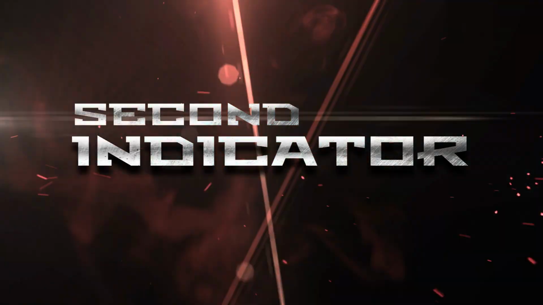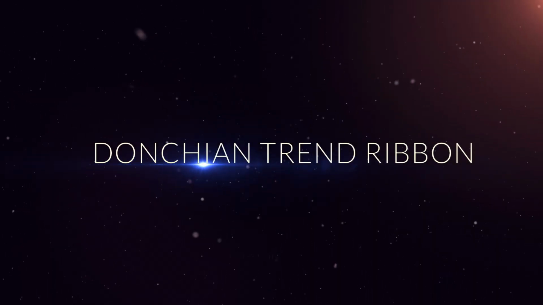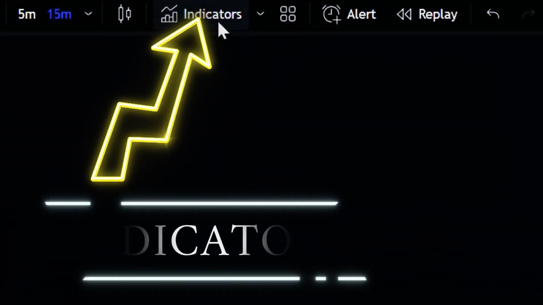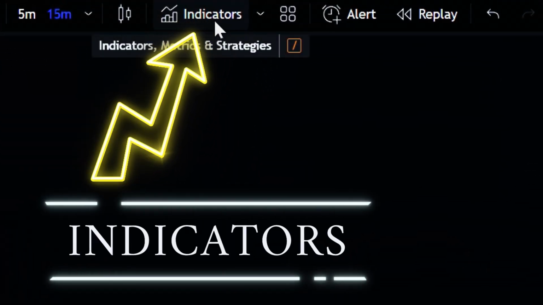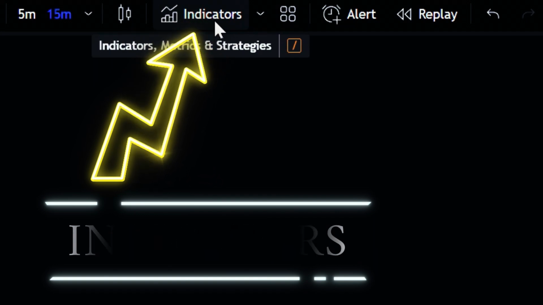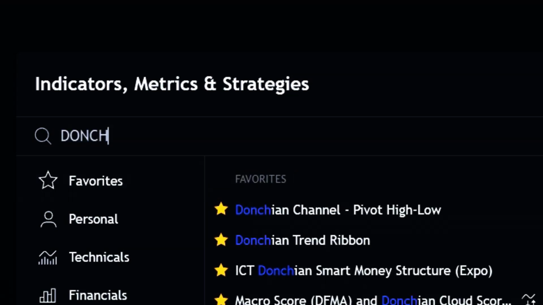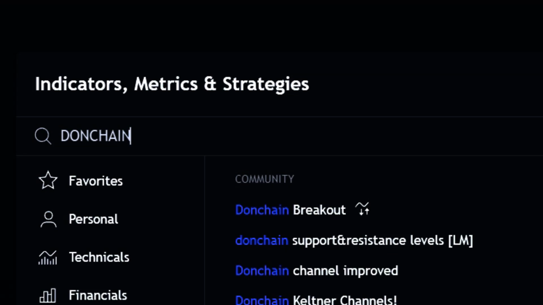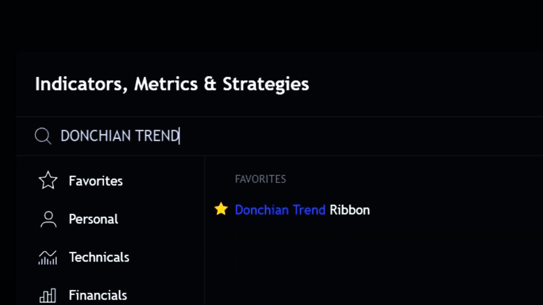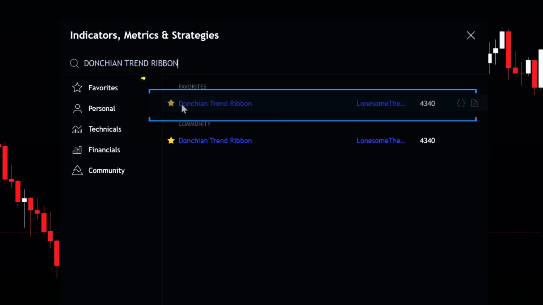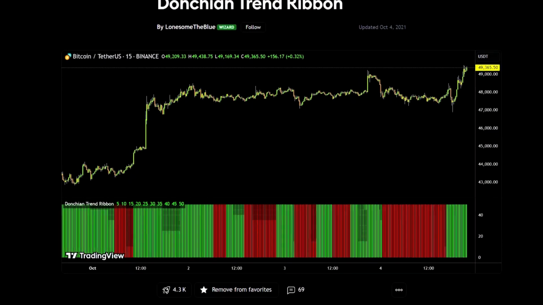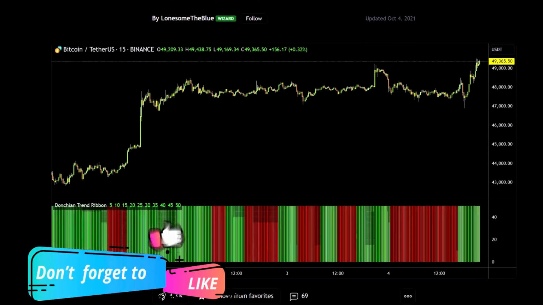Let's dish out our second indicator, the Donchian trend ribbon. This handy tool calculates the main trend direction using a length that you get to choose.